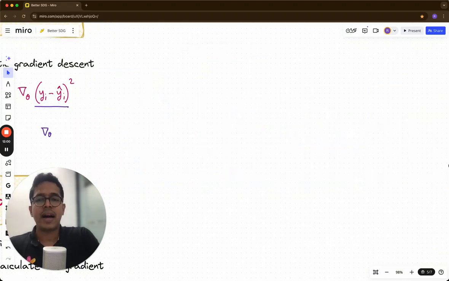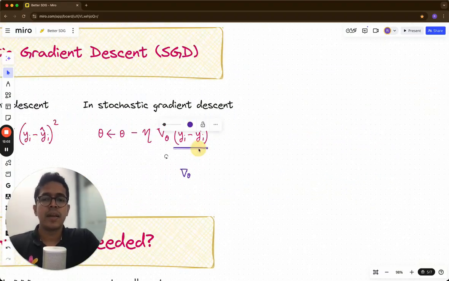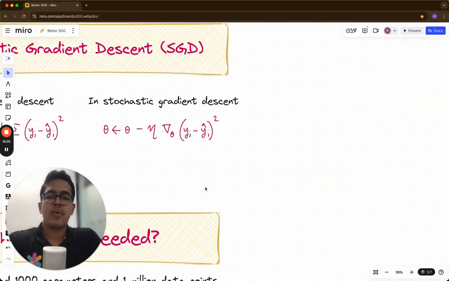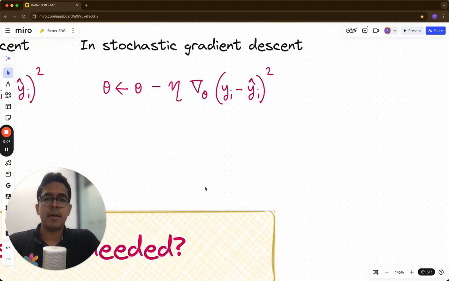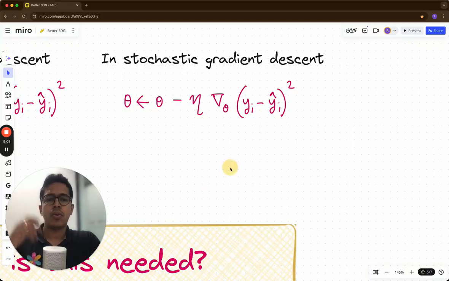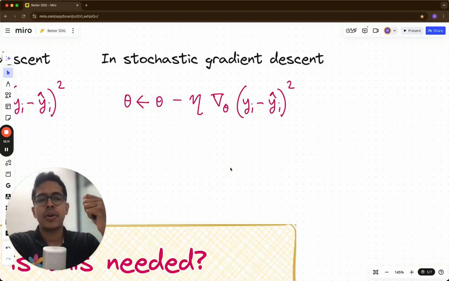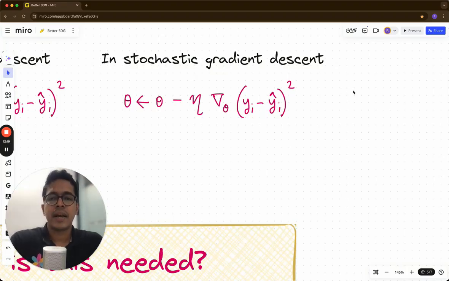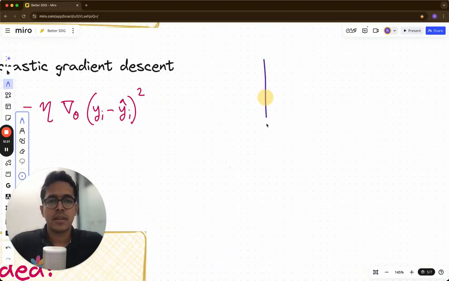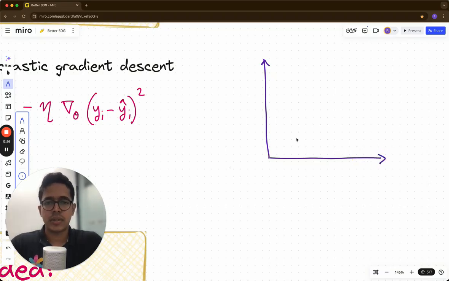Now you might be wondering, how exactly is this helpful? This is particularly helpful if you have a big data set and you don't want to calculate the parameter update value using every single data point. Because imagine that you have a data set which looks something like this.